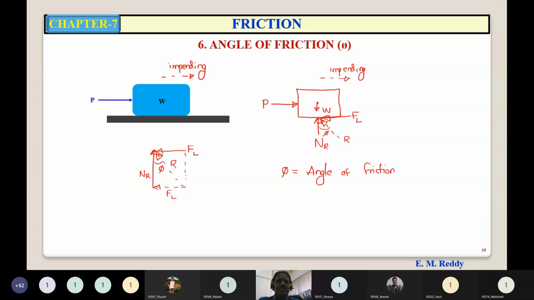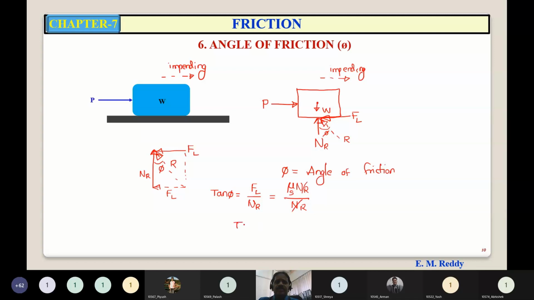Now from this right angle triangle, tan phi is equal to limiting friction upon normal reaction. But limiting friction is coefficient of static friction into normal reaction, upon normal reaction.